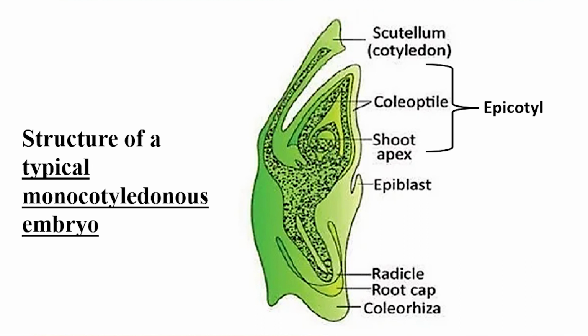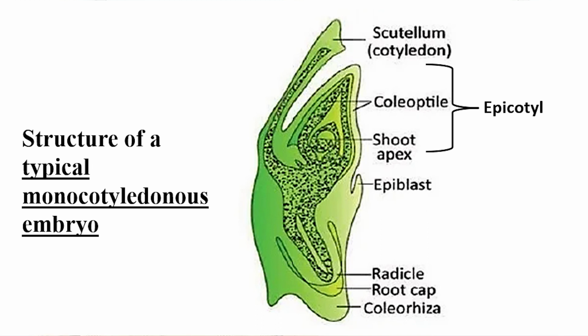Again you can see a structure here also called the epicotyl, which is the portion of the embryonal axis above the level of the scutellum. We had seen the epicotyl in the dicot embryo as well.